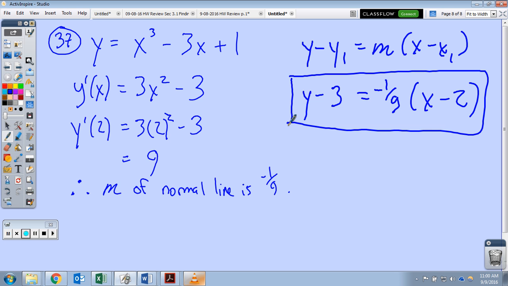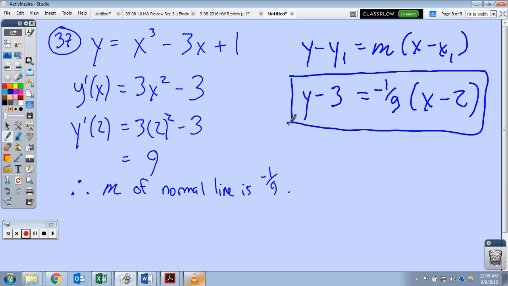Wait, can you put it up under the camera? Yeah, why don't we do that now? So go ahead and punch in your y equals x cubed minus 3x plus 1. And then you hit, I believe it's enter, and it'll graph it.